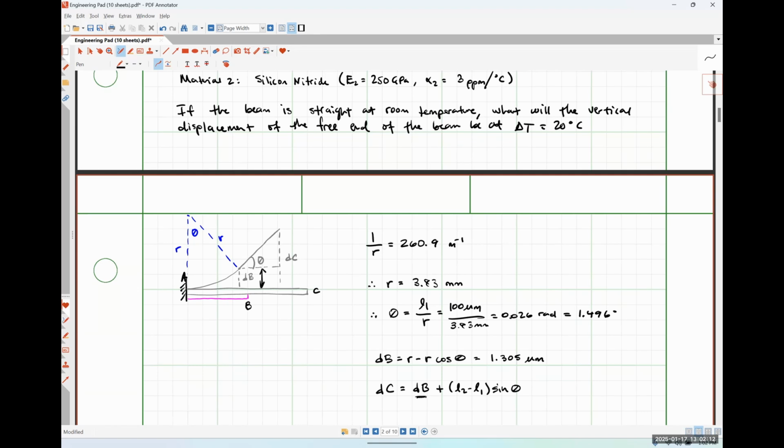Now we have an (L2 minus L1) sine theta. So the L2 minus L1 is this length right here, right? And then the sine theta is giving us that portion. So why is this slightly off? Or why do I think I made a mistake when I taught this class 2 or 3 years ago?